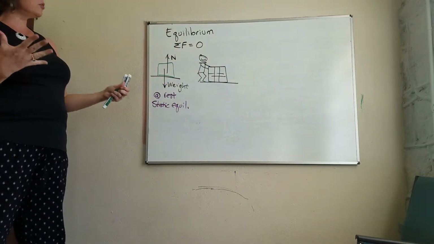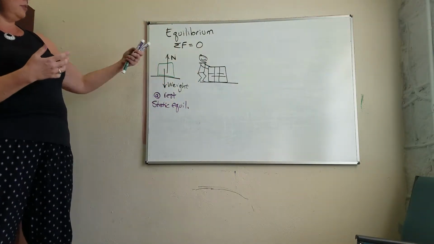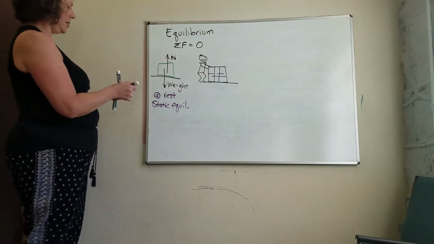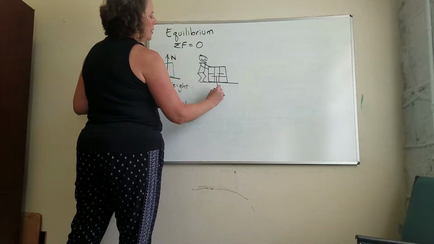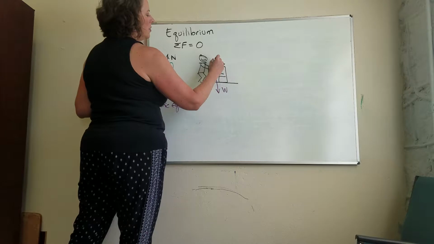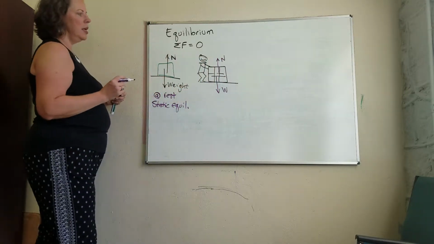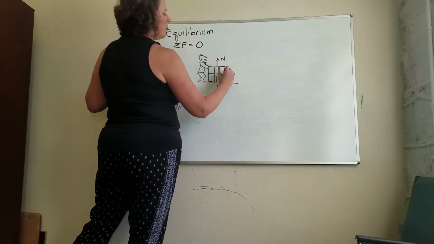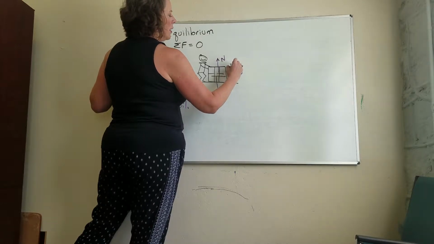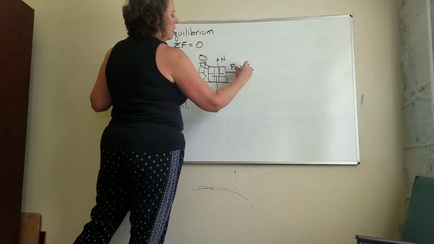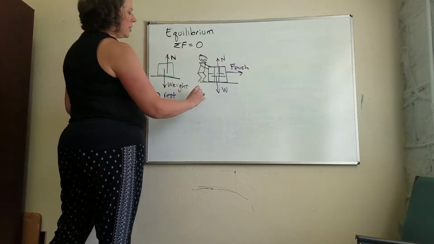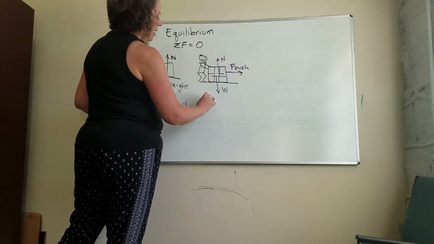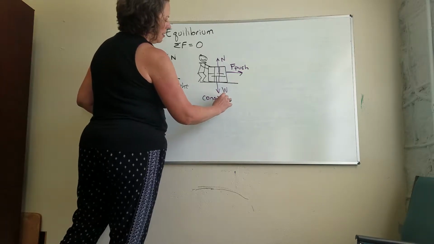Now our crate is resting on the ground, so does it have these same two forces acting on it? It does. So it has a weight acting downward. It has a normal force acting upward. He's going to be pushing to the right. But he's going to be traveling at a constant velocity.